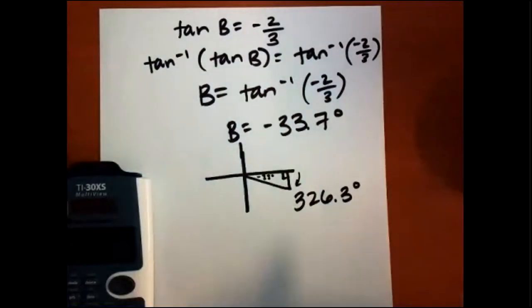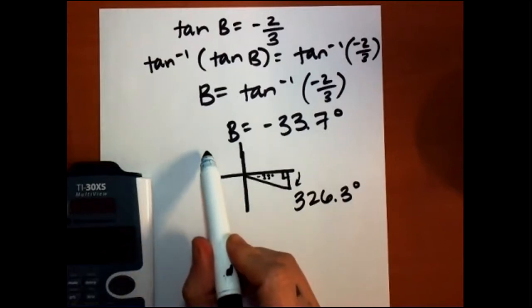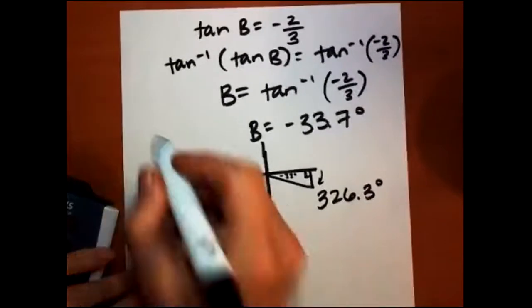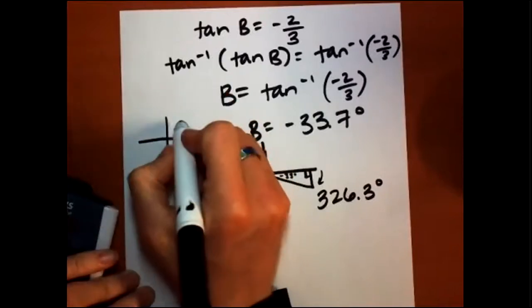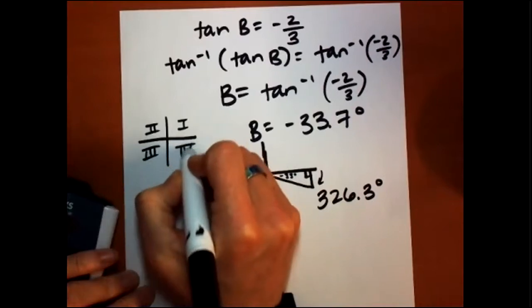So we're going to have another answer in the second quadrant. We recall quickly, here's our quadrants, 2, 3, and 1, 4.